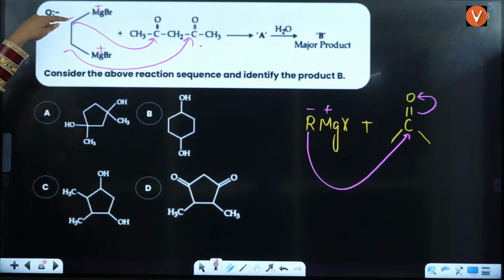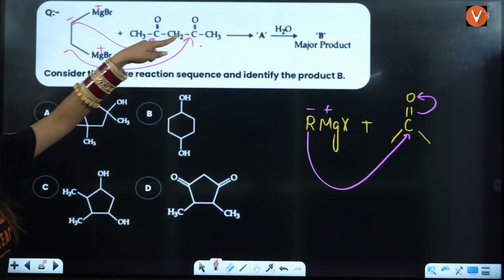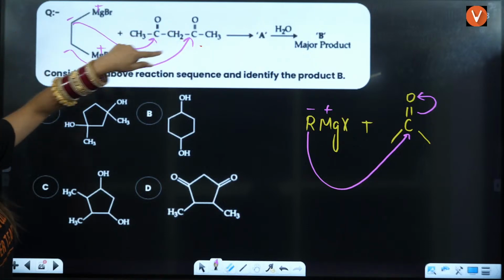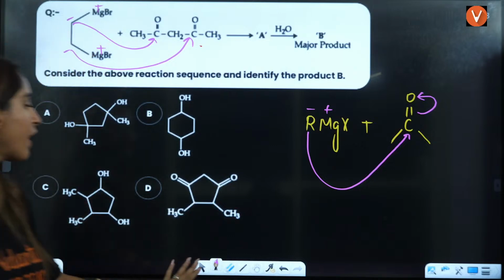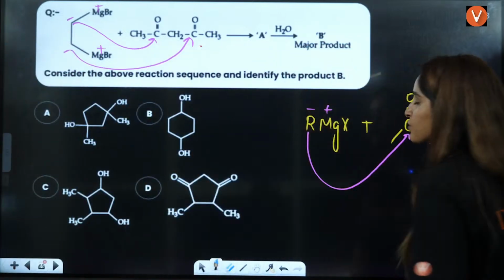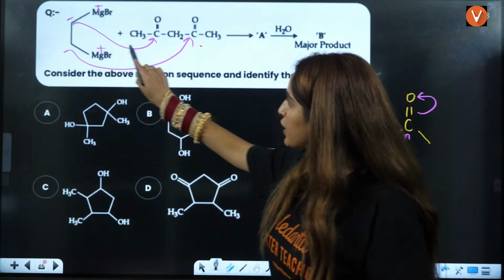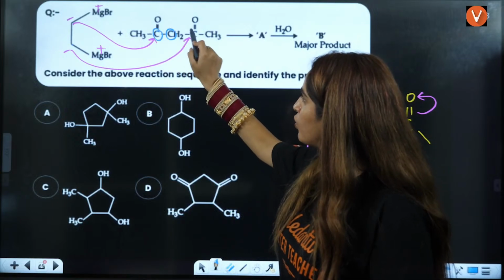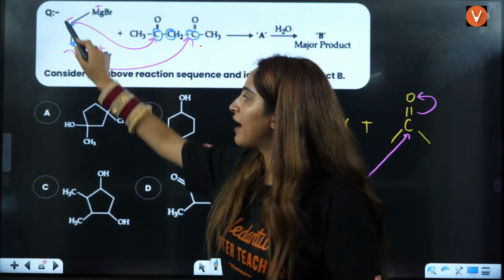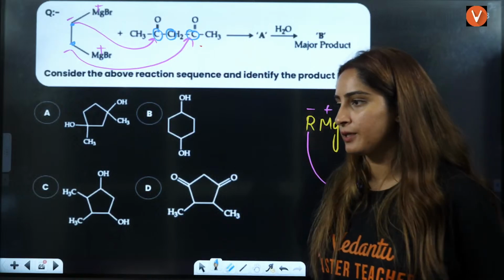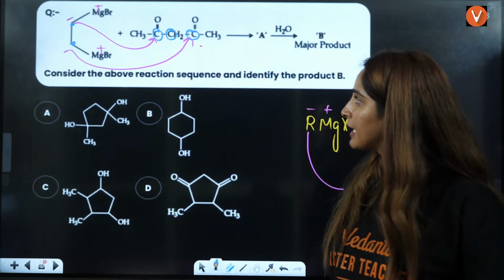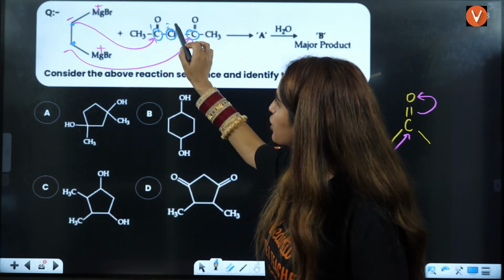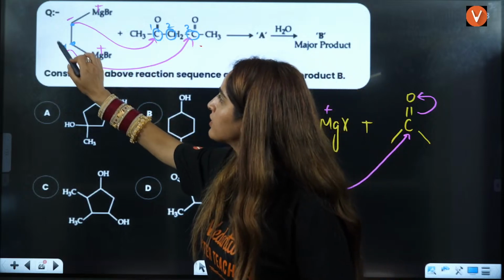It is going to make 1, 2, 3, 4, 5, a 5-membered ring here. Can you see how this negative is going to attack here? This is 1, 2, 3, 4, 5. It is going to be a 5-membered ring. On this 5-membered ring, this is 1 position, 2 position, 3, this is 4, this is 5th.